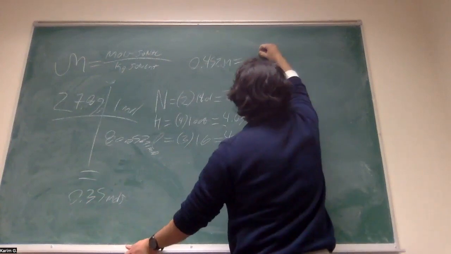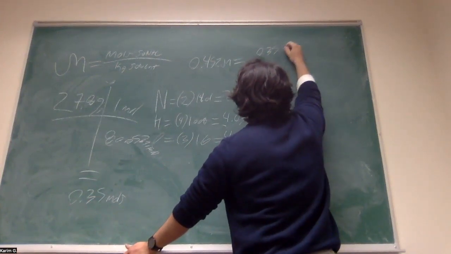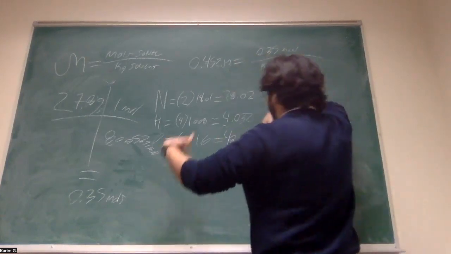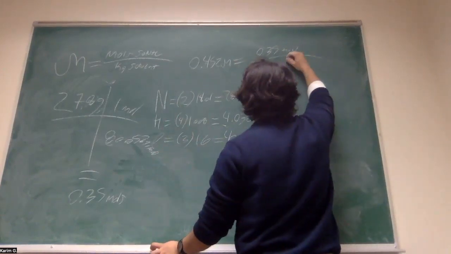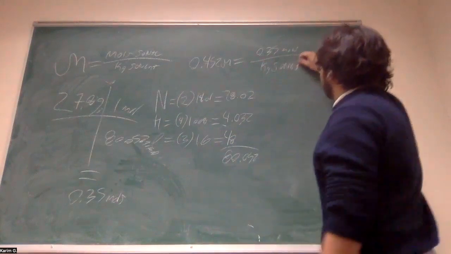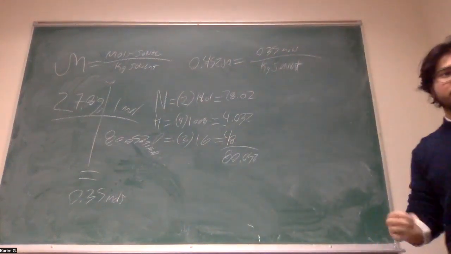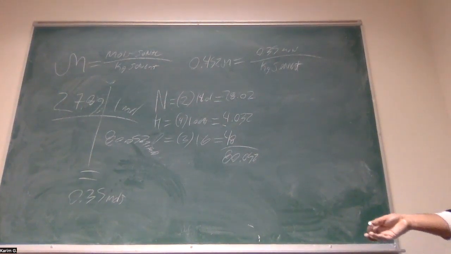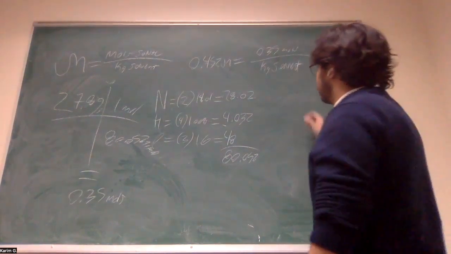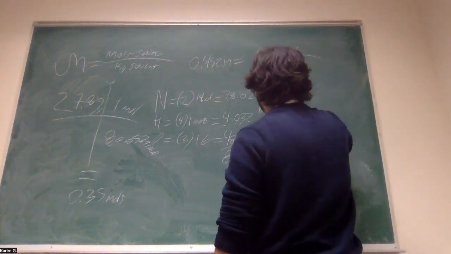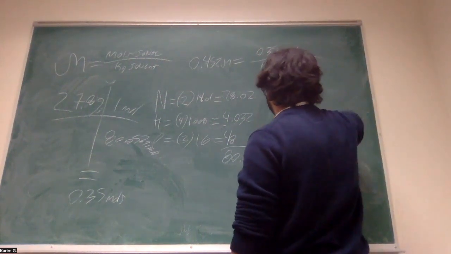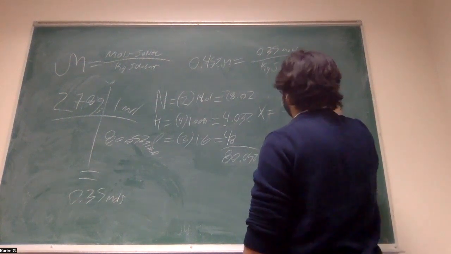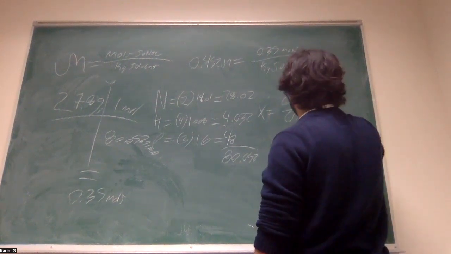So our moles of solute would be 0.35 over our kilograms of solvent, which is what we're trying to get to, right? Right. So we just solve for x. In this case, x is kilograms of solvent. So then x is equal to 0.35 over 0.452.